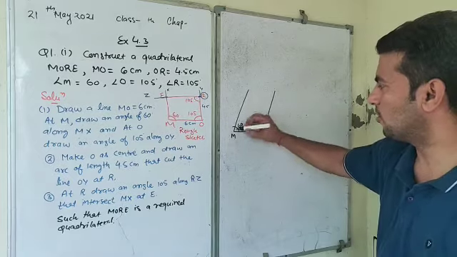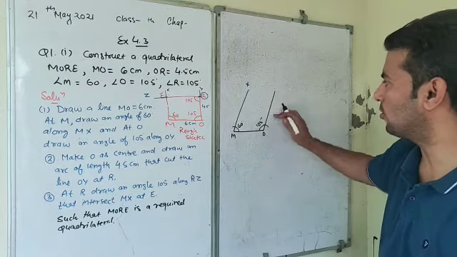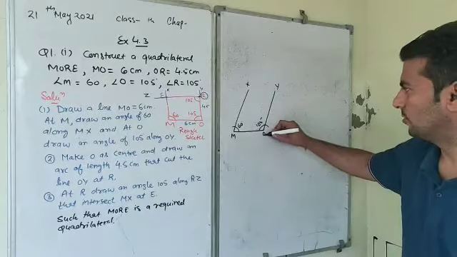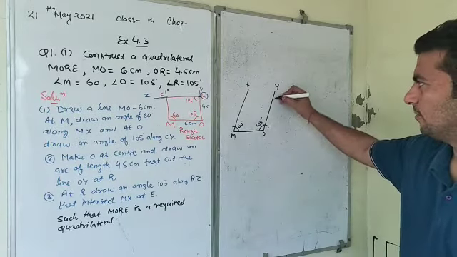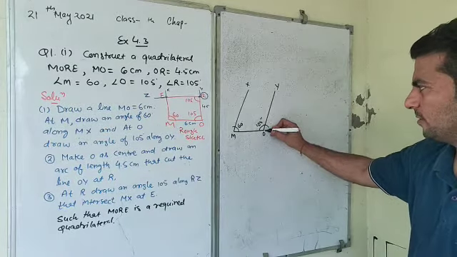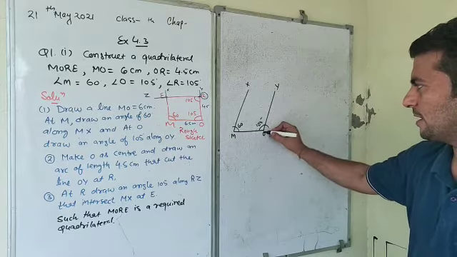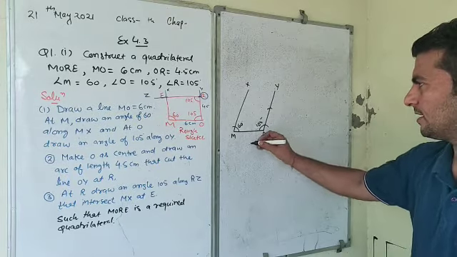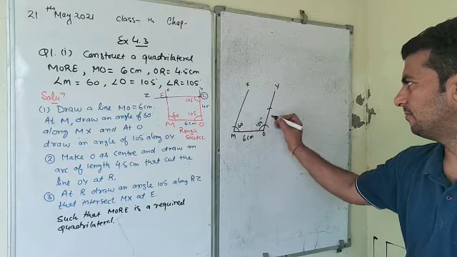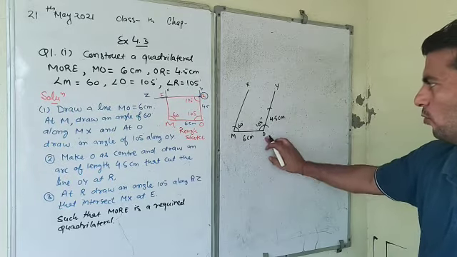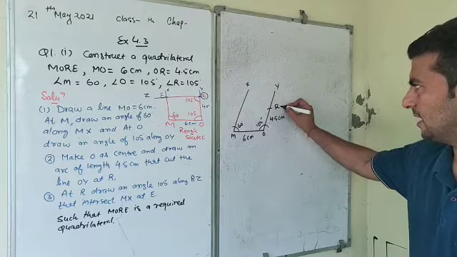Its name is along MX, and along OY. On the OY, open the compass to the length of 4.5 and make O as a center. Mark a cut at a distance of 4.5 cm from O. Name it as R.